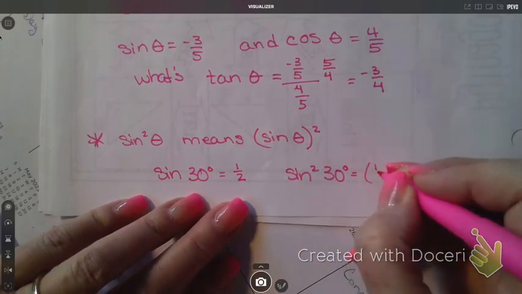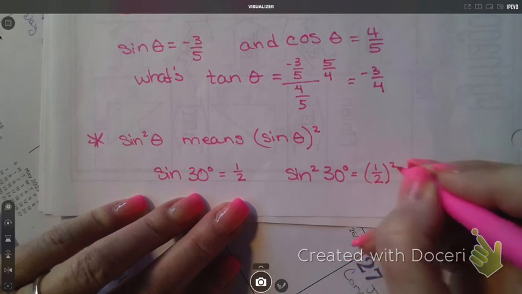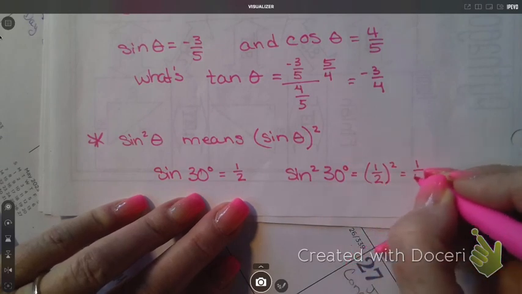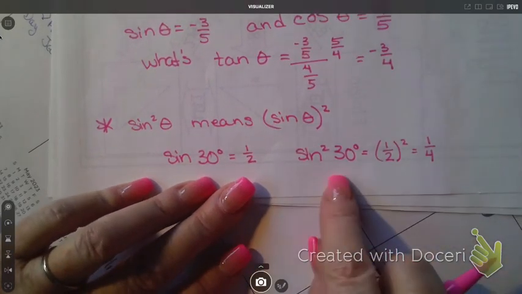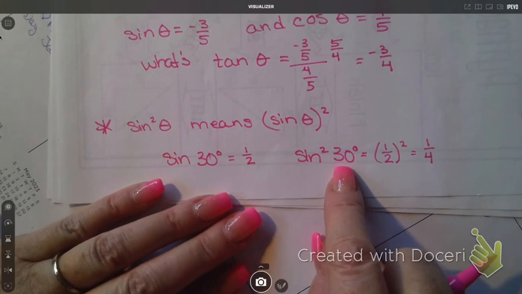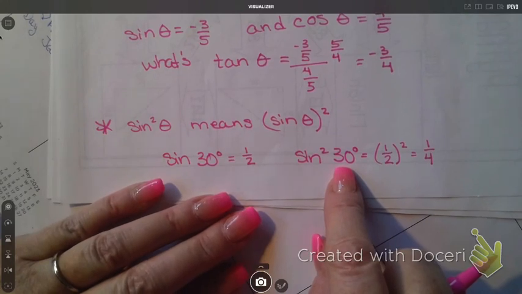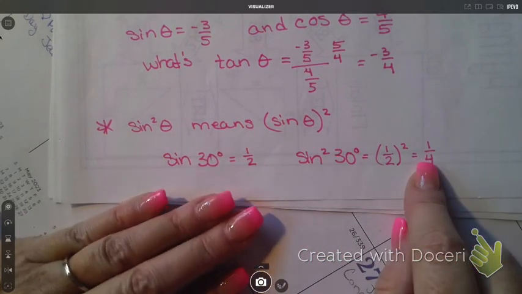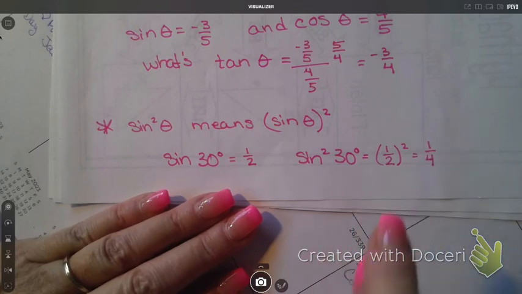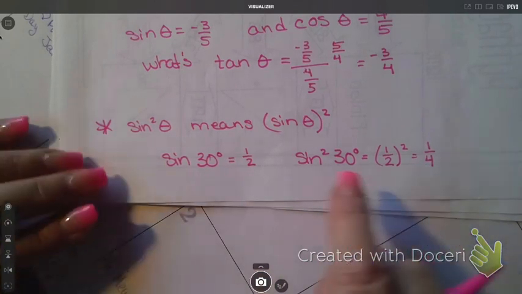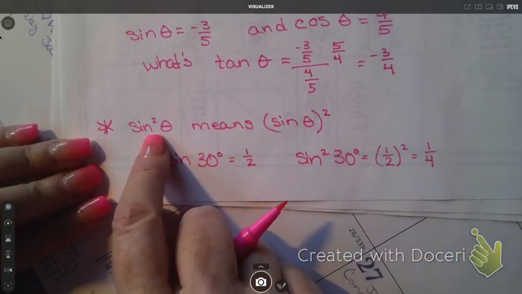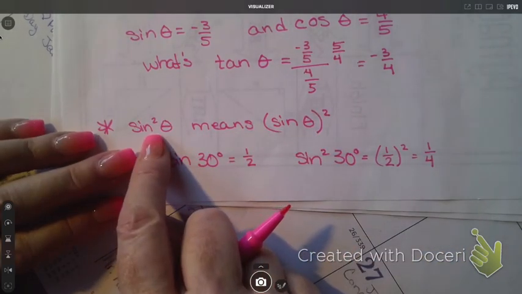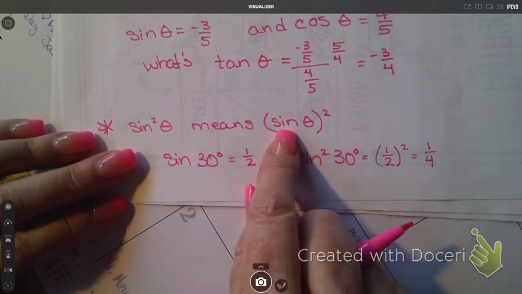So it's 1/2 squared, which would be 1/4. Now, the reason why I did that is I didn't square 30 degrees, did I? You square the answer that you get. Does that make sense? Because I'm not going to write that. That's gross. That's ugly. This is nice and neat. This means this. Got it?